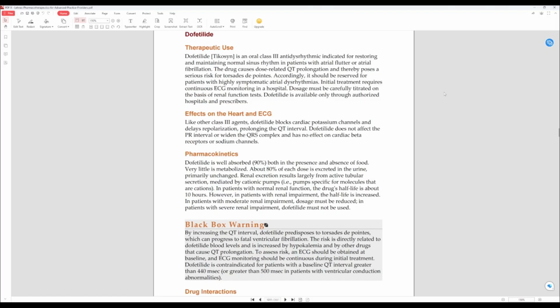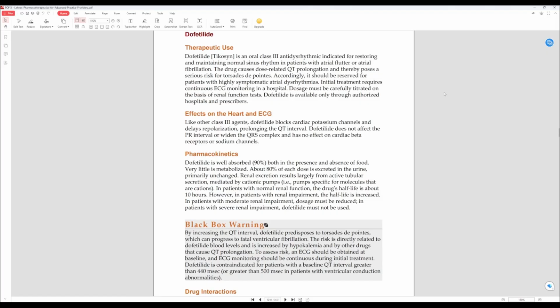Like other class 3 agents, Tikosyn blocks cardiac potassium channels and delays repolarization, prolonging the QT interval. Tikosyn does not affect the PR interval or widen the QRS and has no effect on cardiac beta receptors or sodium channels. However, your pharmacist will care about that QT interval or their QTc.